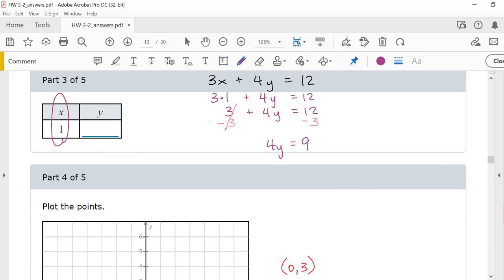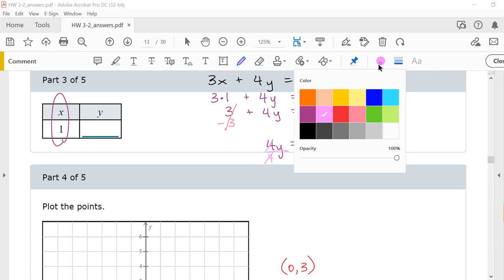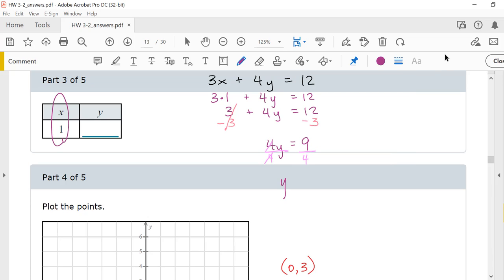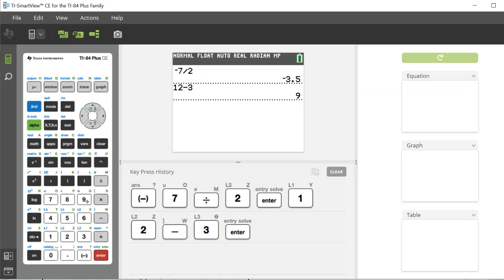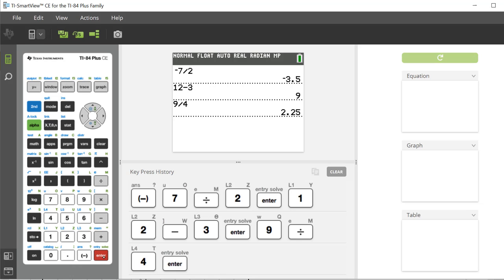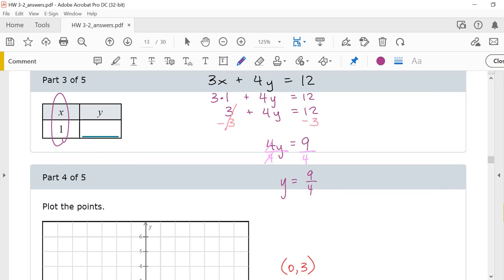I want to divide both sides by 4. So y equals 9 divided by 4. Now, if I wanted to get a decimal for that, 2.25. But I would stick with 9/4. So my point is 1 comma 9/4.